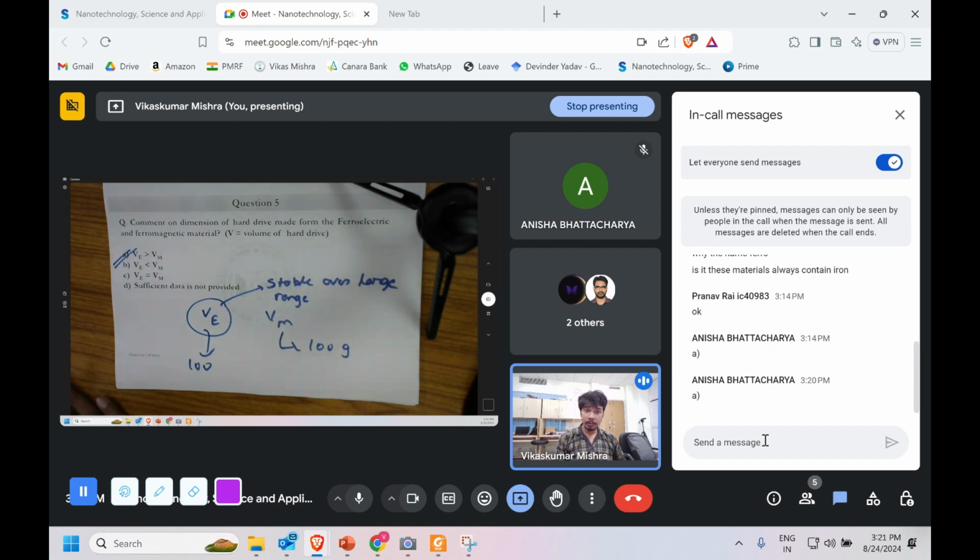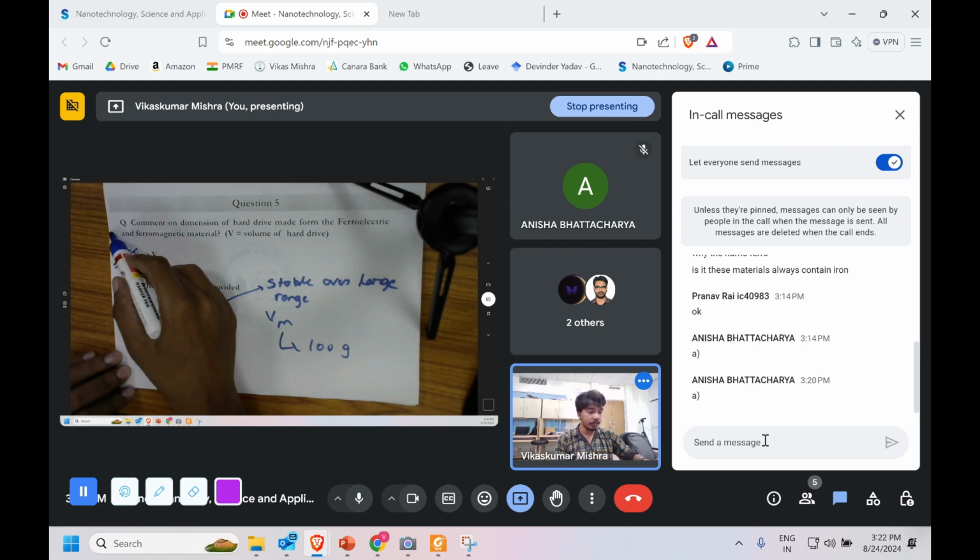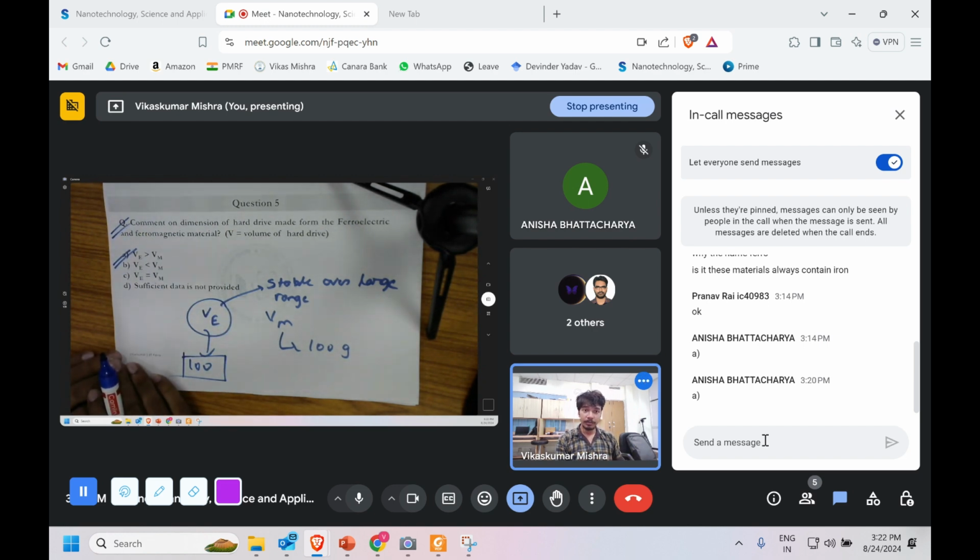It is very well possible that your hard drive will crash. The data which you have stored in it might be damaged and you won't be able to recall it. Since its stability does not lie in the small range, we need larger area, larger dimensions to store this particular data, and that's why option A is the correct option.